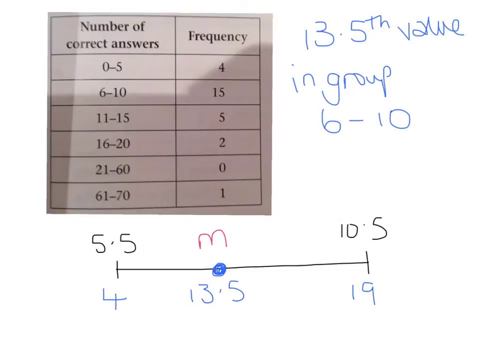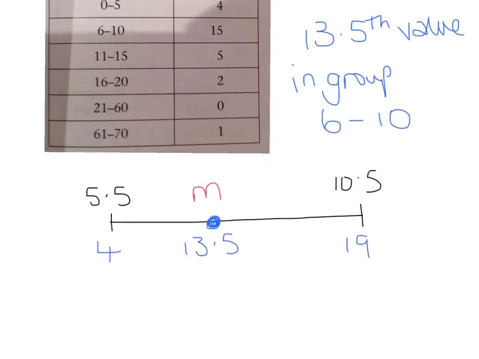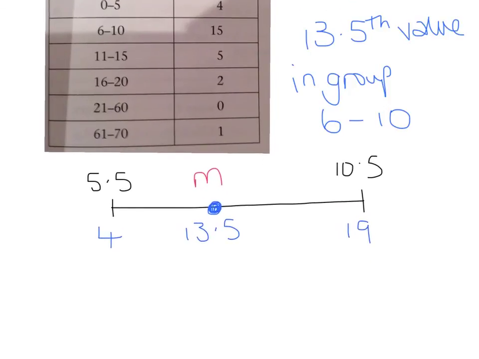And from that, how do I work out what that M value is? We do it using a bit of proportion. So M minus 5.5 divided by 10.5 minus 5.5 equals that minus that divided by that minus that. This distance divided by this distance must be the same on each.